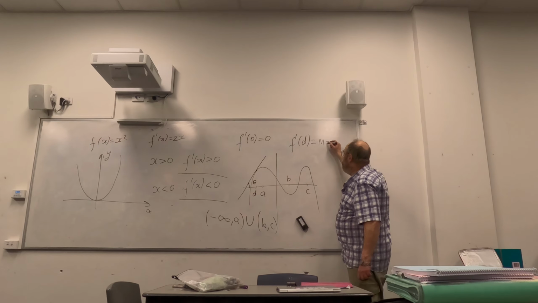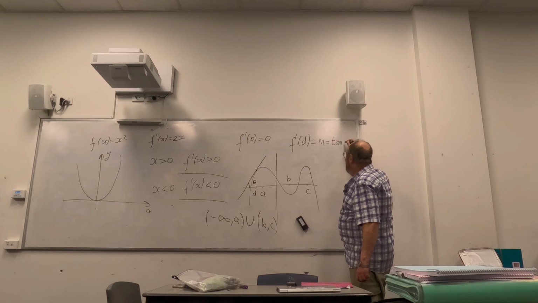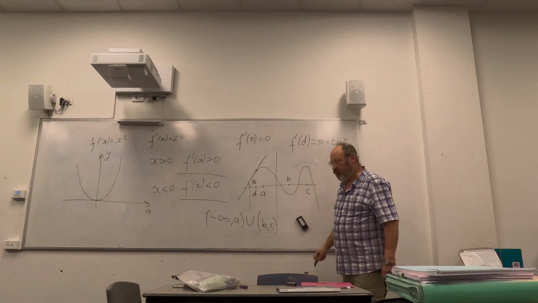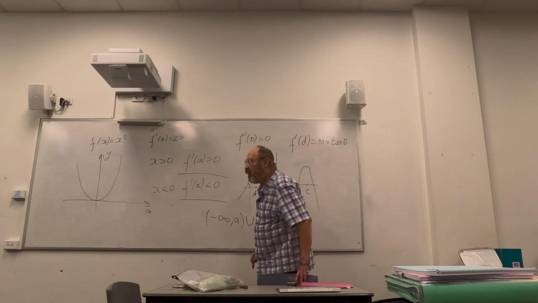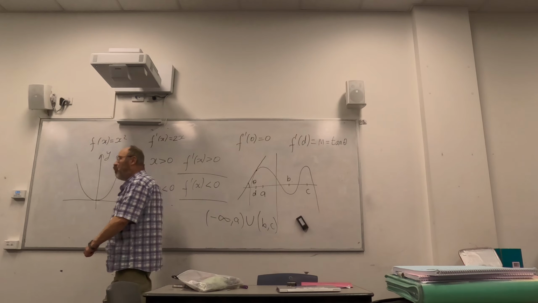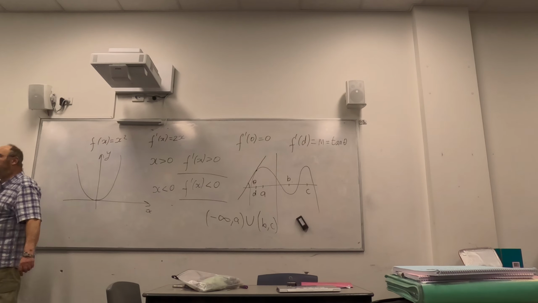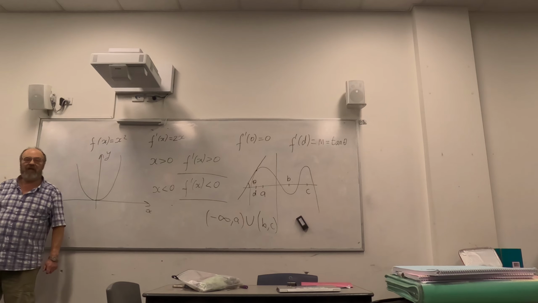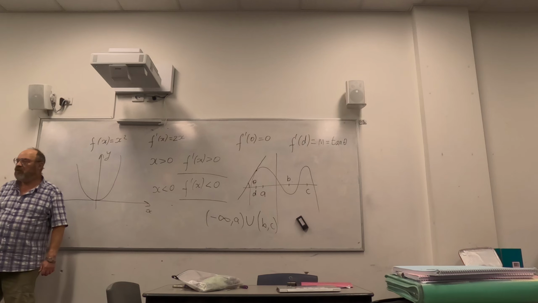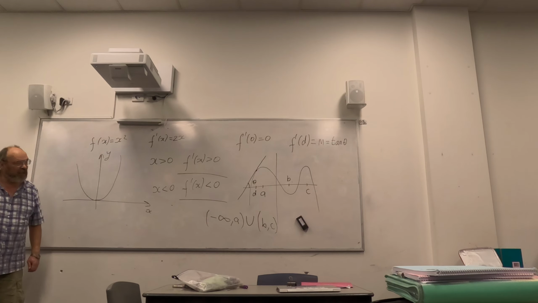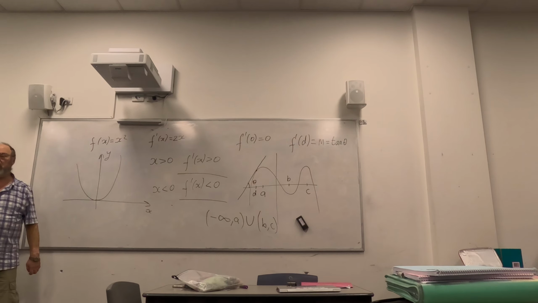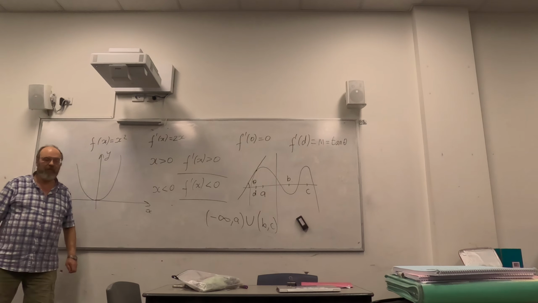And that is tan of the angle theta, because the gradient of a straight line equals the tangent of the angle that the line makes with the positive direction of the x-axis.